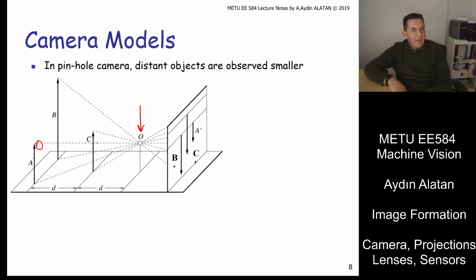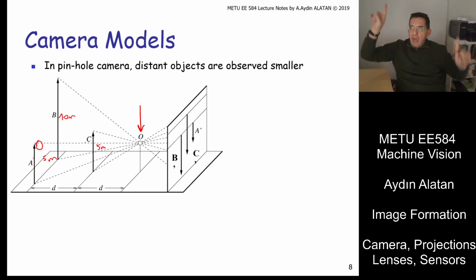These are with the same height, 5 meters maybe. This is 10 meters maybe. Let's assume A and B are two different heights, but they are in the same distance far away from us. And A and C have the same height, but C is much nearer to us.